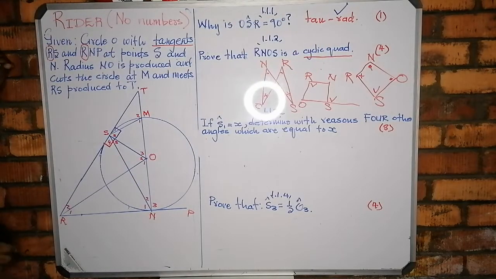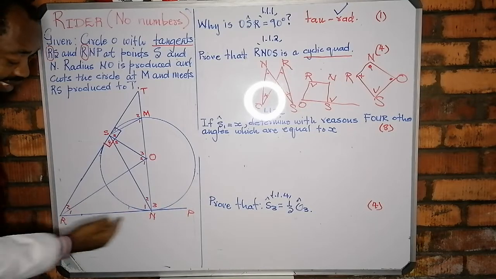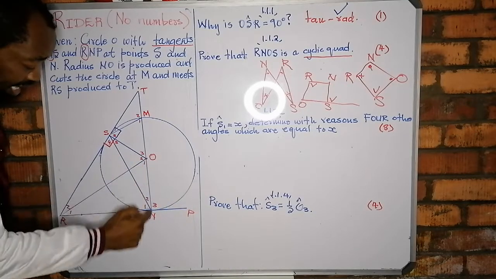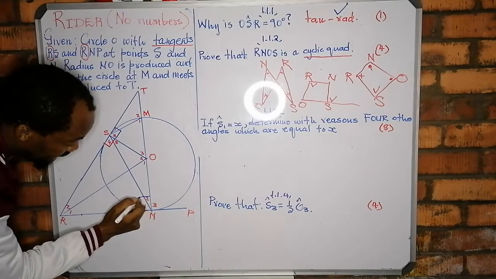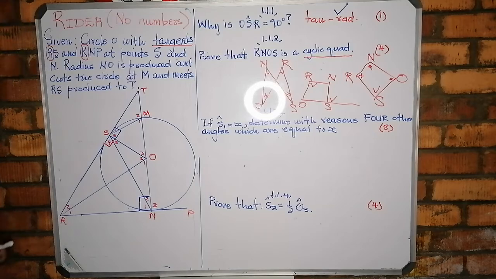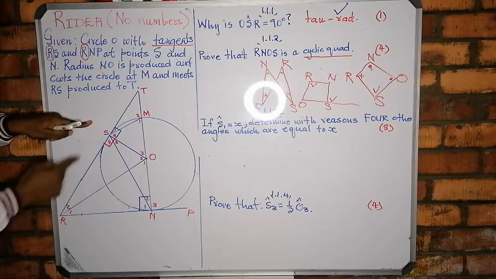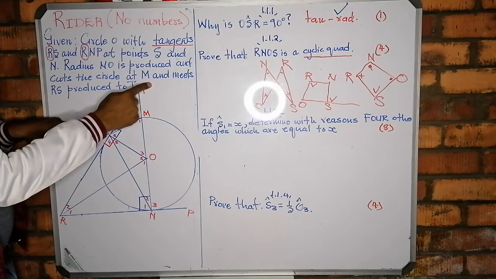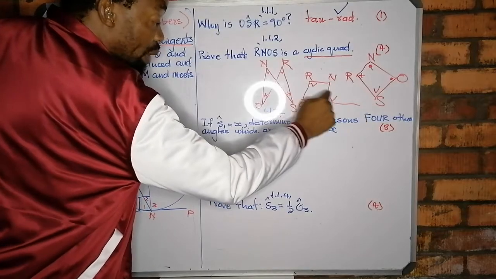Now, I'm going this way now. It's a tangent and a radius. I know that a tangent is perpendicular to a radius at a point of contact. Now, can you see that? I've got RNOS with RS produced to T. That situation.